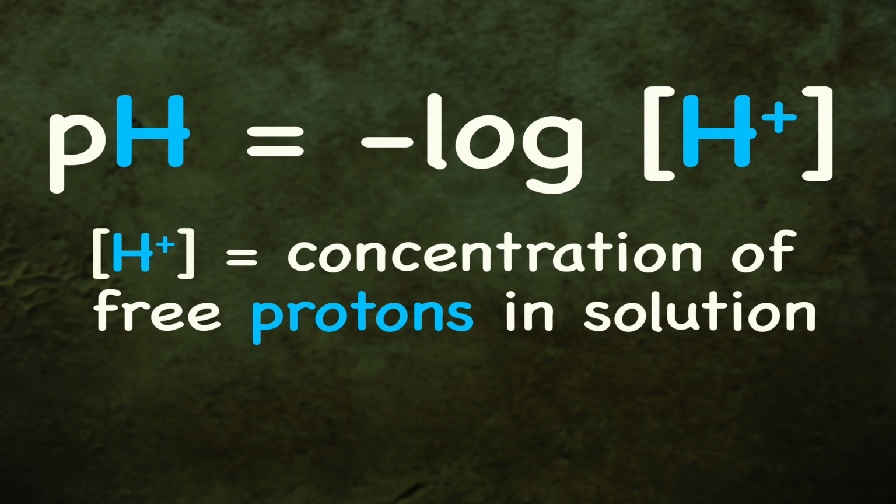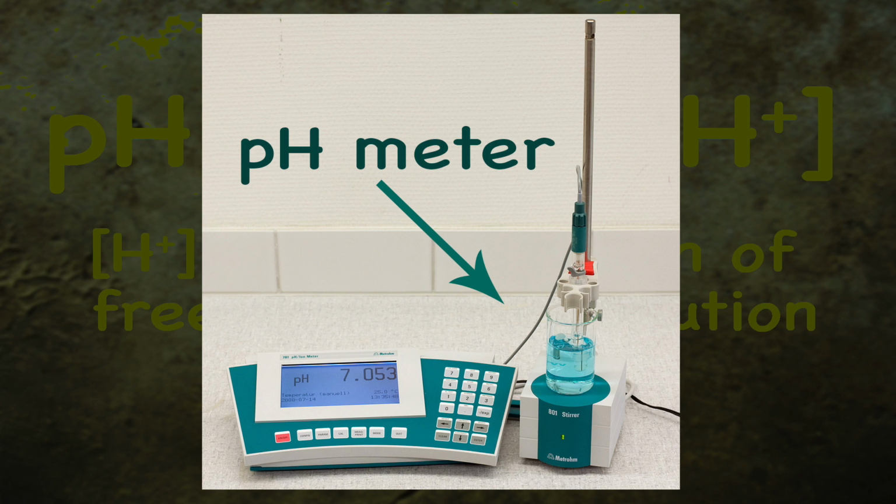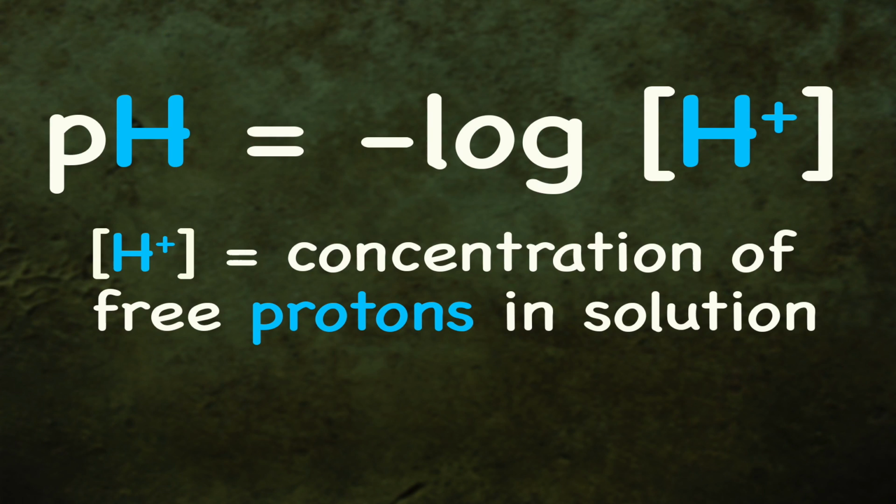pH is defined as negative log H+, where H+ is the concentration of free protons in any solution. So if you stick a pH detector, which is called a pH meter, into any solution, that detector is only looking at the concentration of free protons, just the free protons, the concentration of these H+ ions floating around in any solution that you care to measure. When measuring pH, you don't care what other stuff is in that solution.